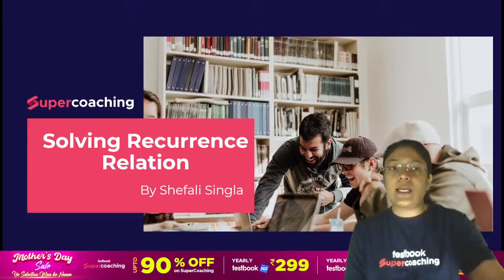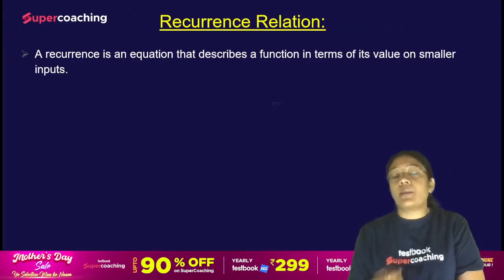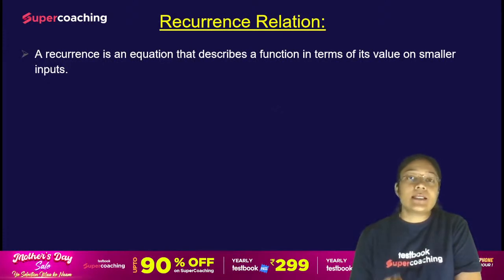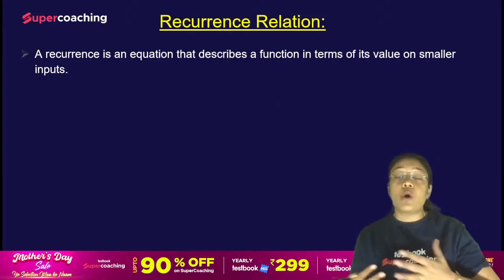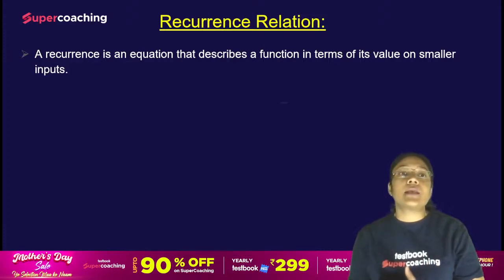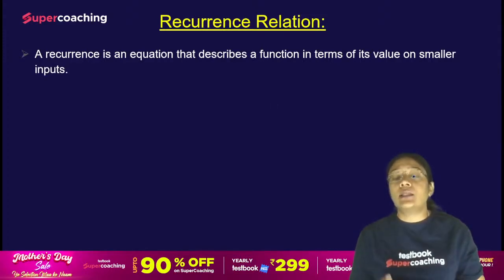So basically we know that the term recurrence relation is coming from the term recursion. A recurrence relation is nothing but when we are writing a recursive statement in the form of a relation or in the form of a function. Okay, so it's kind of an equation that describes the function in terms of itself.